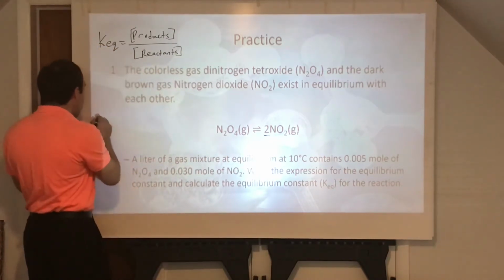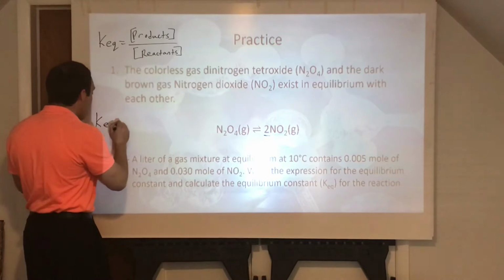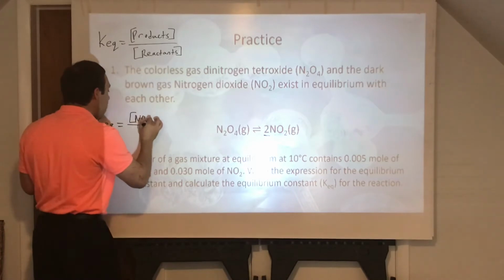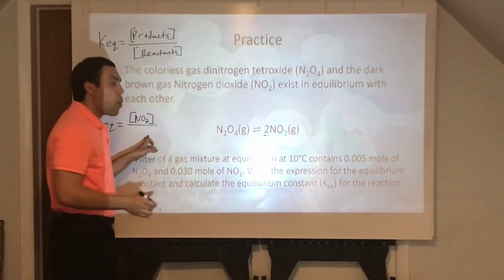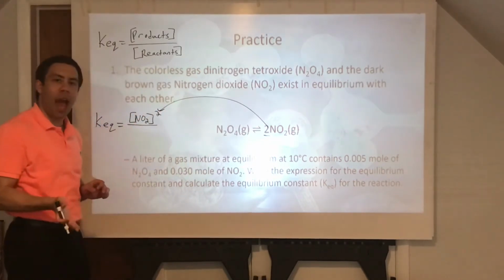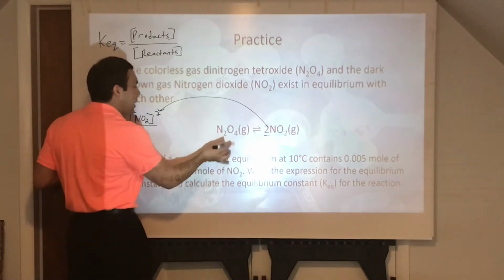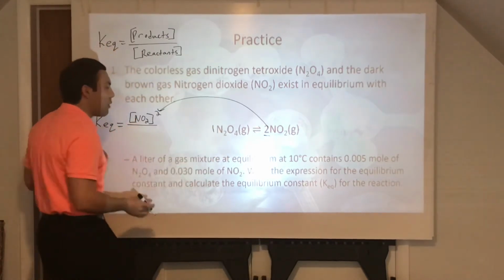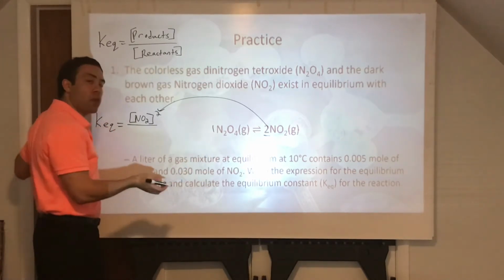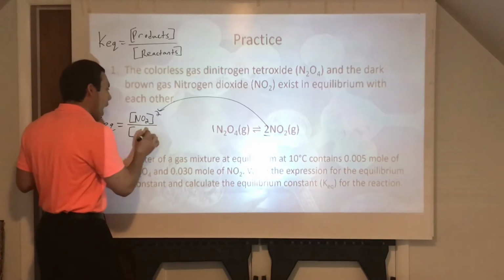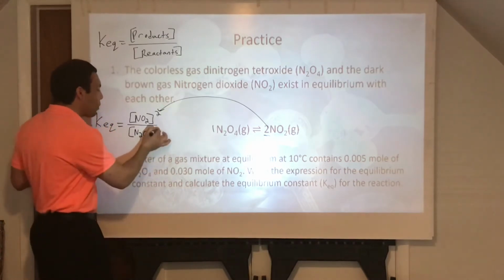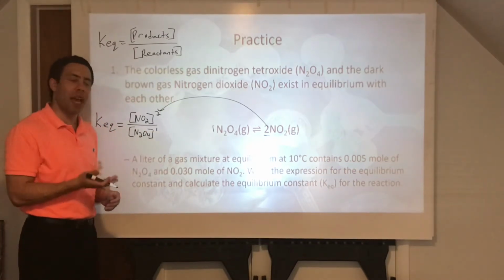So when we rewrite this, KEQ, and we put NO2 in brackets, we must raise that to the second power. Whereas the reactant N2O4 does not have a number in front of it, so it's going to have an imaginary 1. We don't have to write that as an exponent, because anything raised to the first power is just itself.